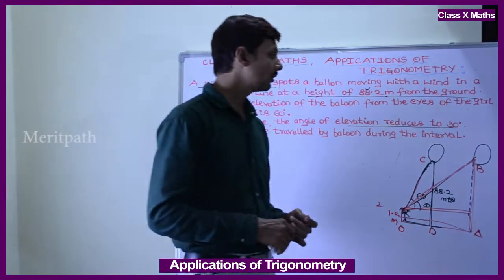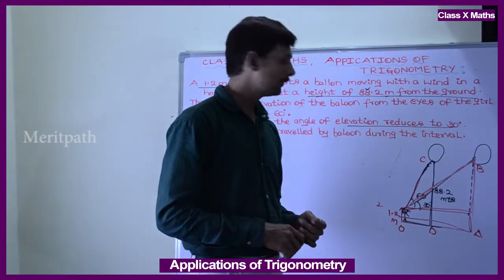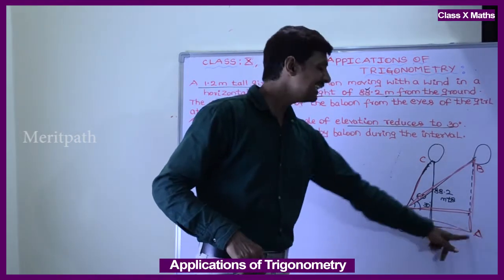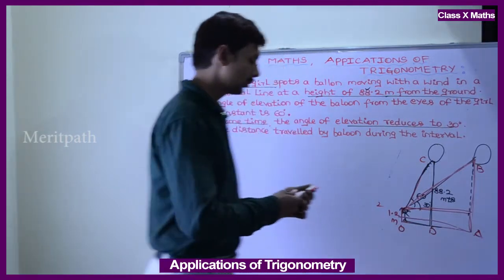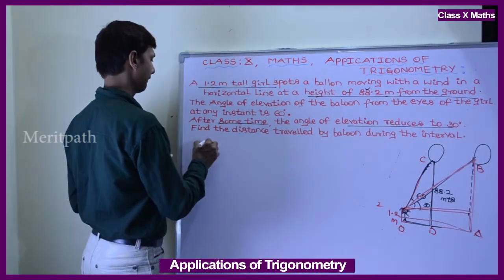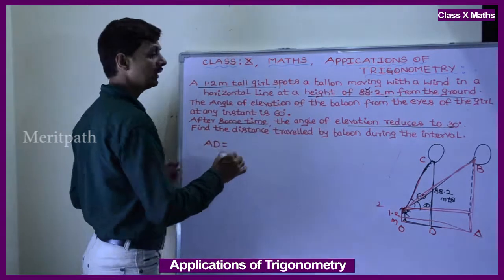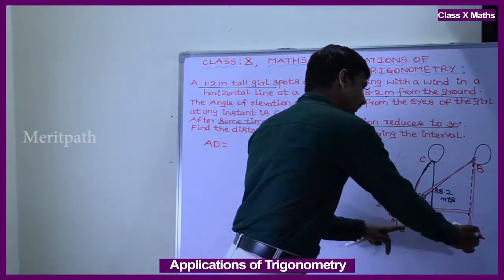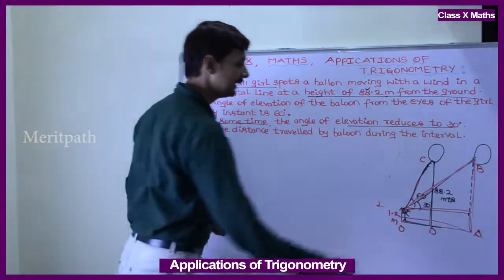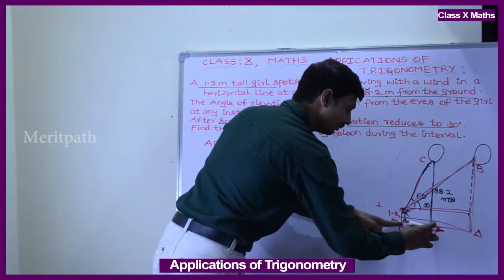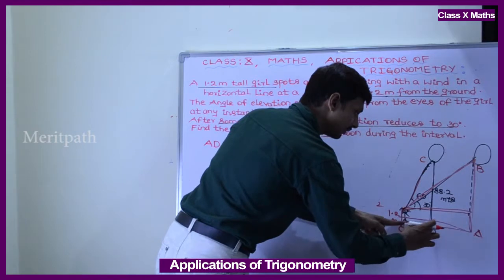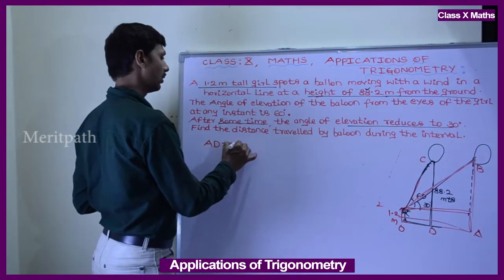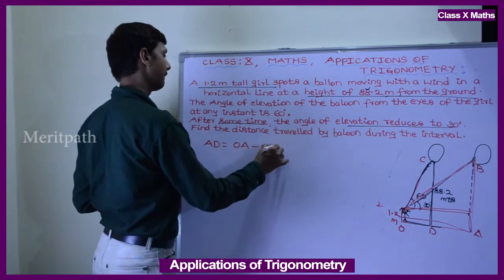We need to find the distance traveled by the balloon, that is from point D to A, that is AD. To find AD, we subtract OA minus OD.